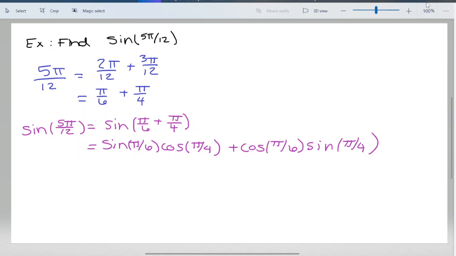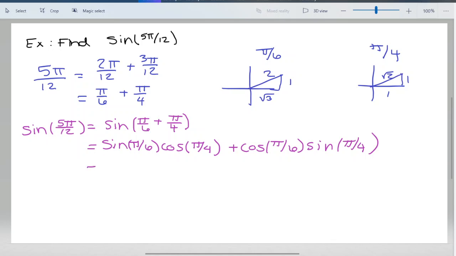Now I'm going to draw these two angles that I'm talking about. My pi over 6 angle is going to be 1, root 3, and 2. And if I look at pi over 4, this is the 45, 45, 90 triangle, so this is going to be 1, 1, and root 2. I'm going to use those two reference triangles to evaluate this.